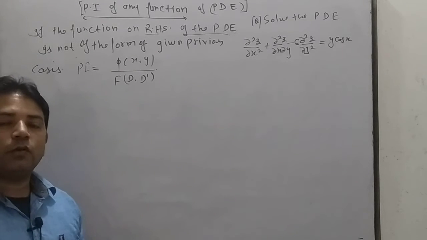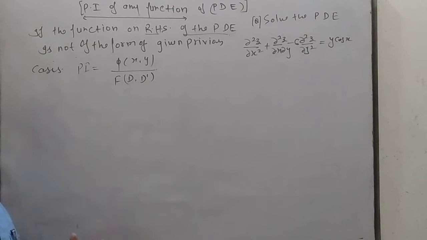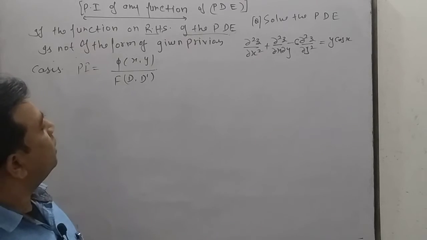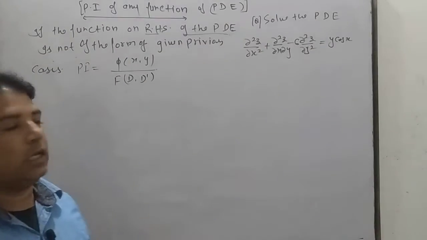If the RHS of the partial differential equation is not similar to the previous cases, we have discussed the previous 4 cases of how to find the PI of a partial differential equation. In this method we find the PI for any function.